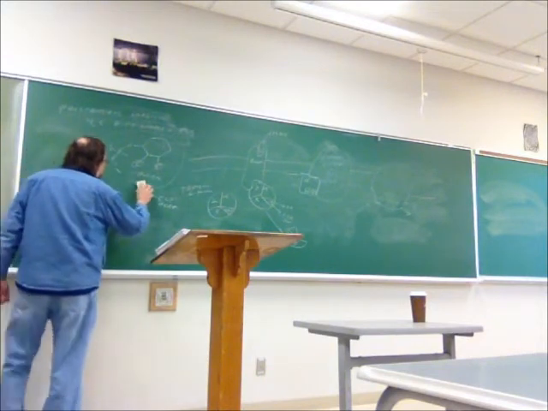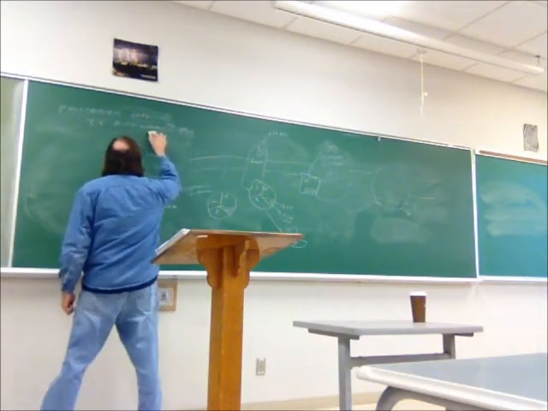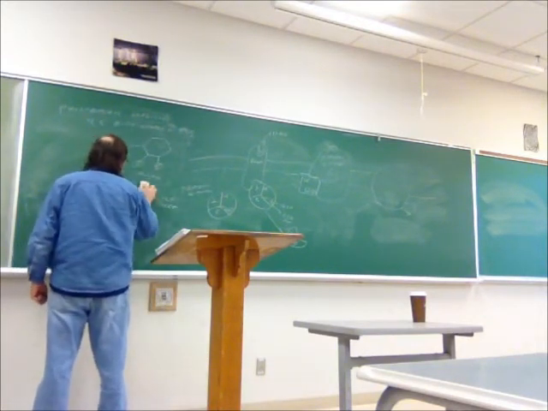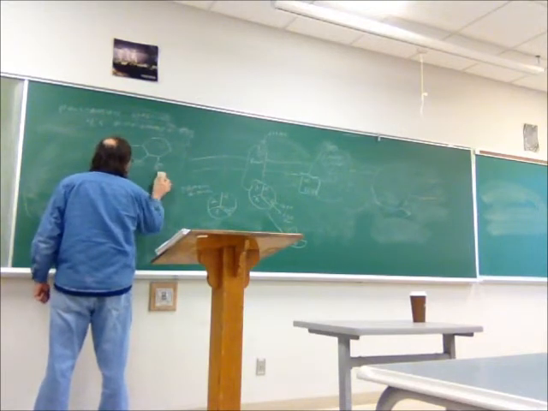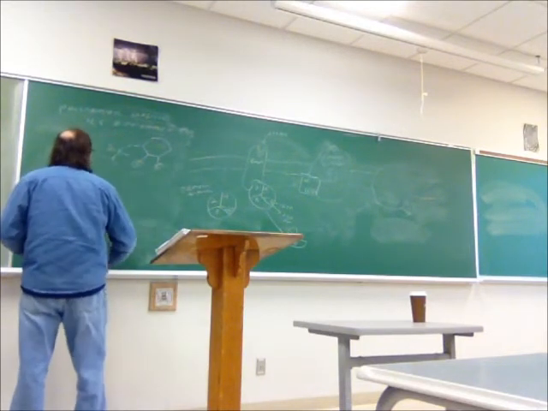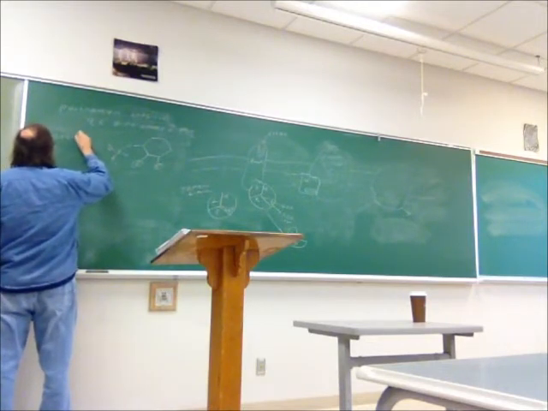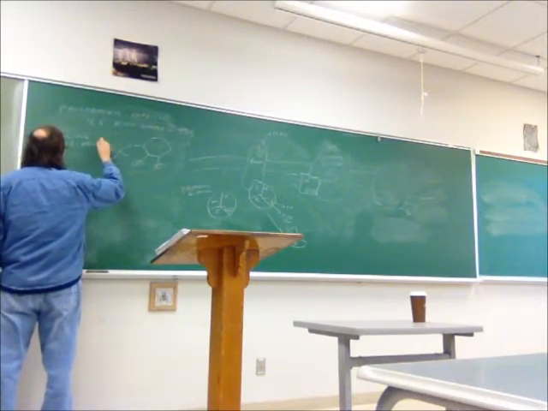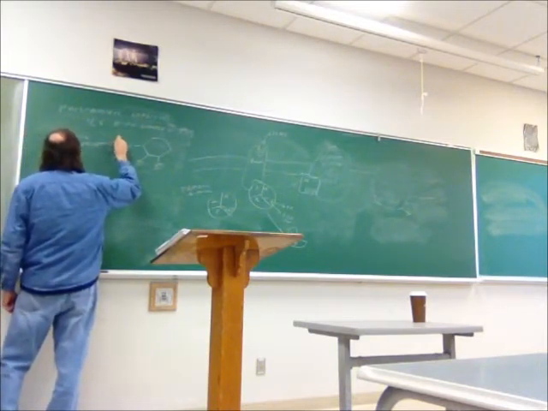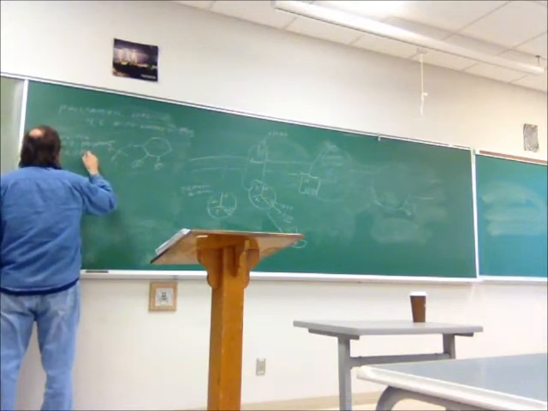So let's kind of break these guys in two here. This molecule here is called inositol triphosphate because it's got 3 phosphates on it, sometimes abbreviated as IP3.